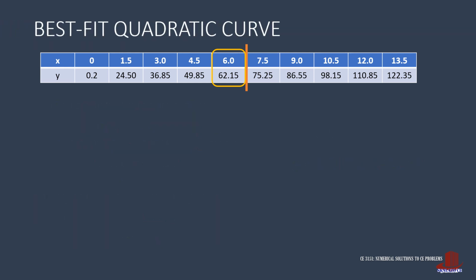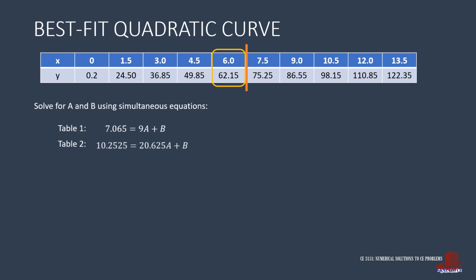Now we solve for the function of the best fit quadratic curve. The extracted functions from both tables are as follows, and we subtract them to simultaneously solve for a and b. The difference is negative 3.1875 and negative 11.625a.